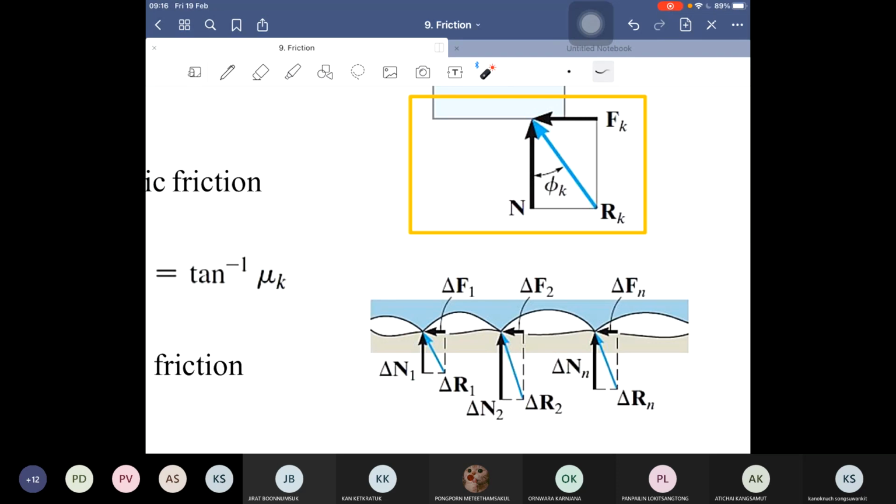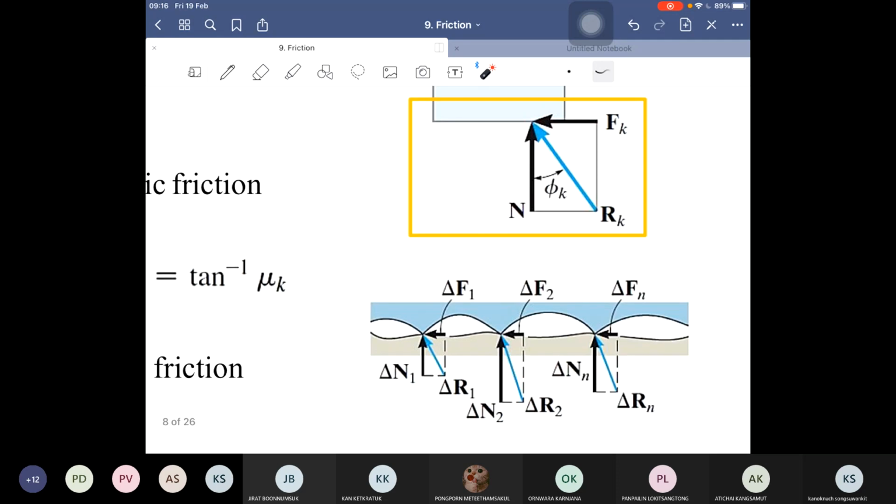We still have the normal force N and the frictional force F at the contacting surface. But what happened is, when this block starts to move, the block will lie on the top of this peak.